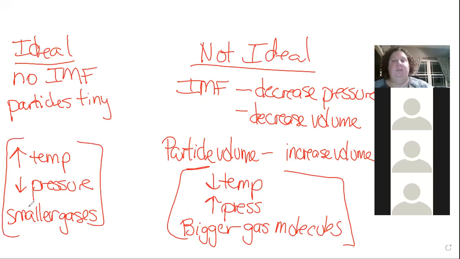I know there's a bunch of multiple choice questions that talk about all of those things. It's just a matter of what they're asking you about, as to whether you're talking about intermolecular forces or the volume of the particles themselves.